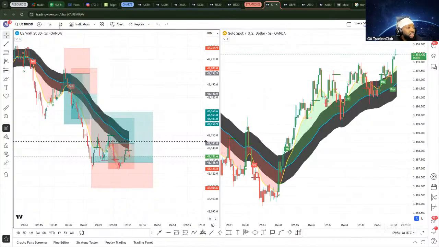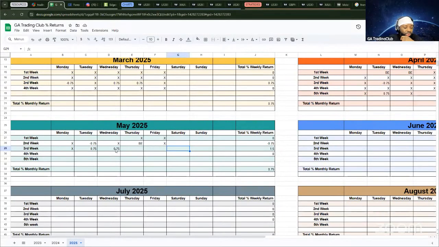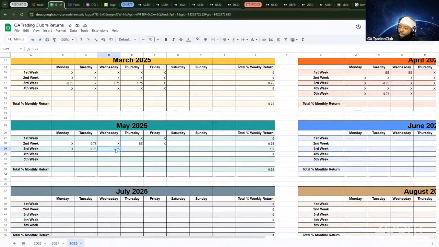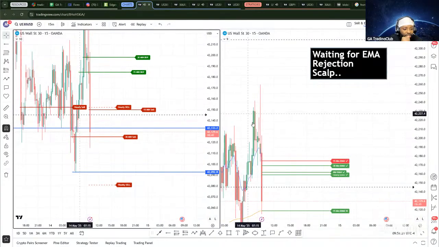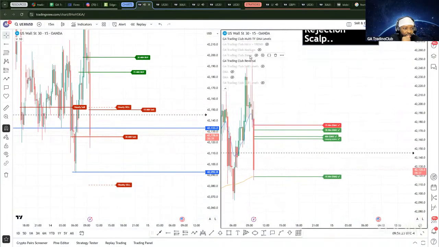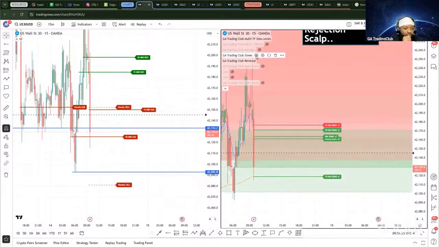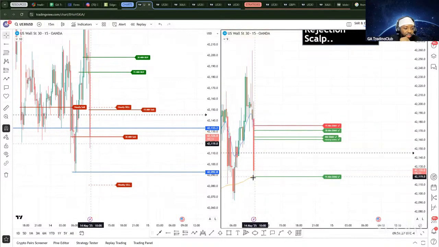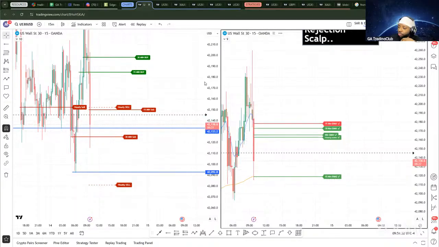Anyway, so we had three trades so far. One, which was the market open win. Price retested EMA 2. Okay, so here is another one here. That one happened so fast.